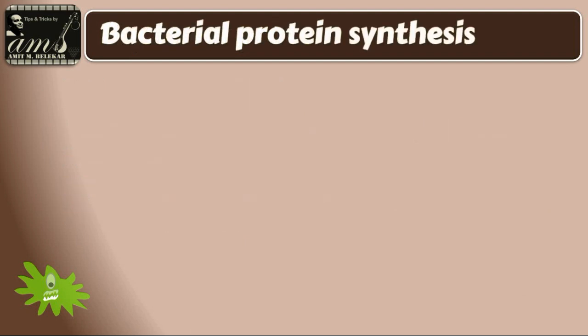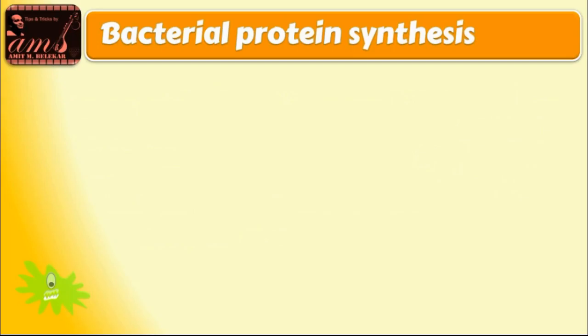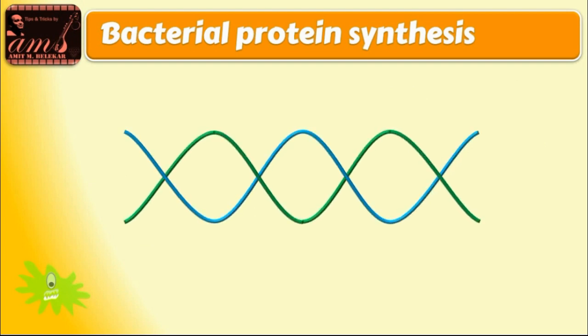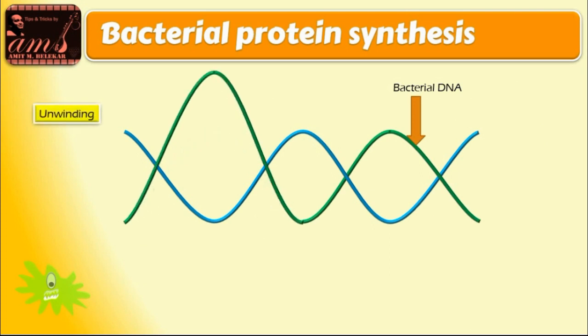To understand the mechanism of erythromycin, we should first know how protein synthesis takes place in bacteria. For protein synthesis in bacteria, the double-stranded DNA first unwinds. This process is called unwinding.